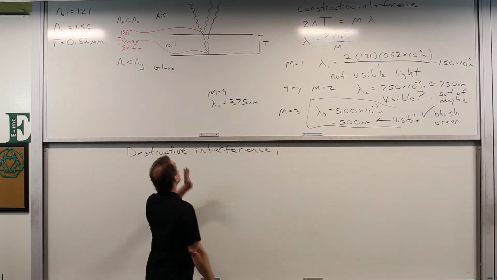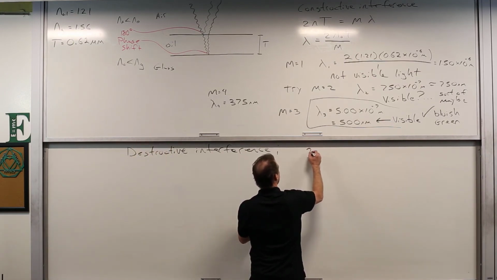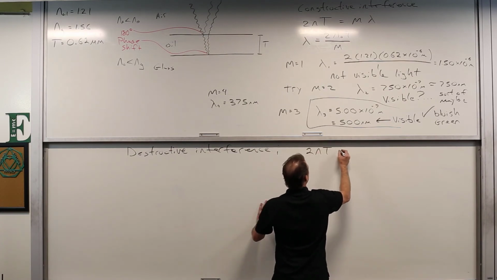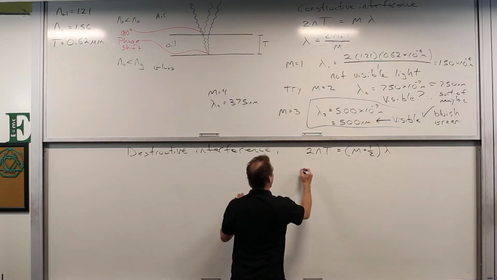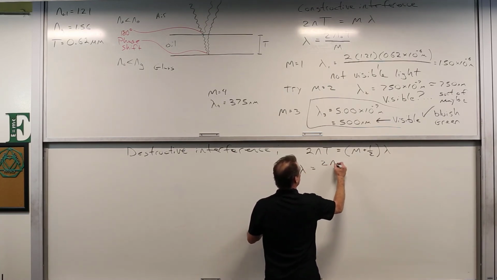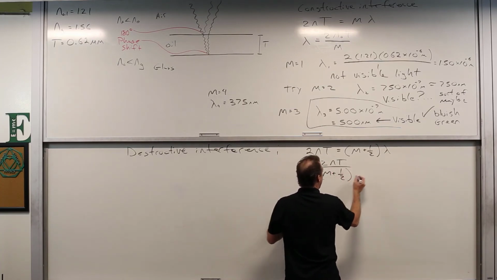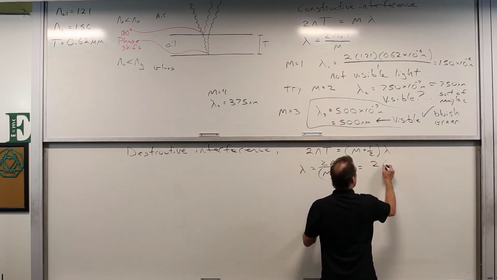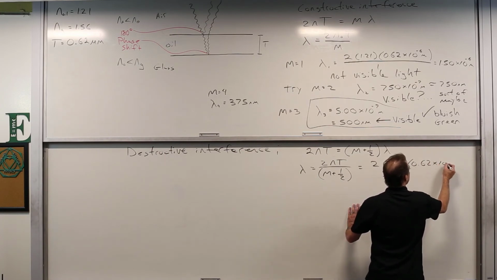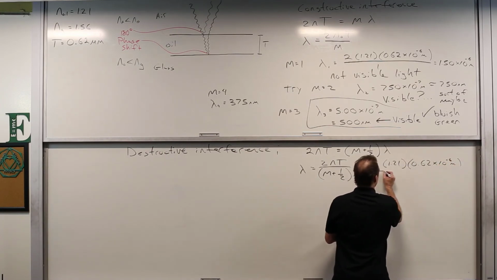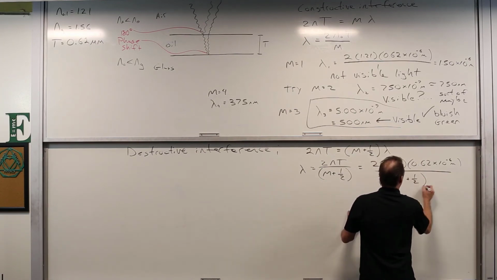Well, again, in this case, because we have two 180-degree phase shifts, the condition for destructive interference is 2nt equals the quantity m plus 1/2 times lambda, which gives us that lambda is equal to 2nt divided by m plus 1/2, which we can write out as 2 times 1.21 times 0.62 times 10 to the negative 6 meters divided by the quantity m plus 1/2.